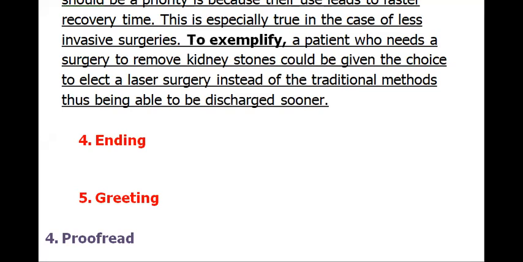So now let's focus on the ending. In the ending, you could say, conclude, and just repeat your opinion.